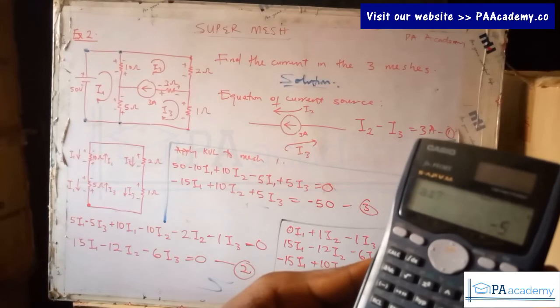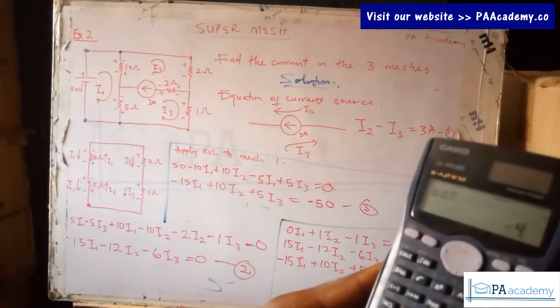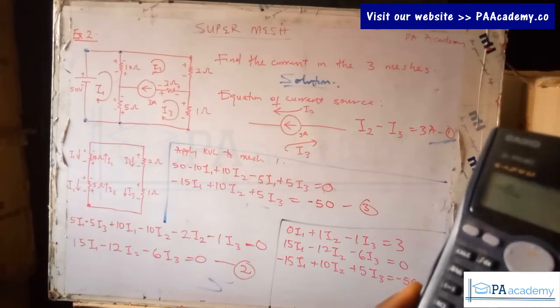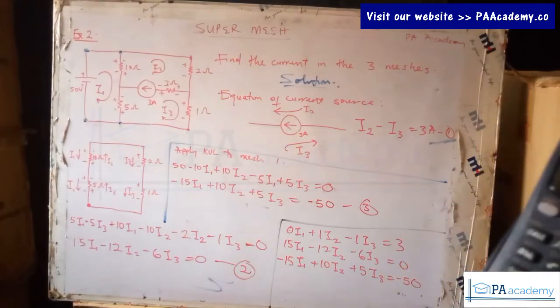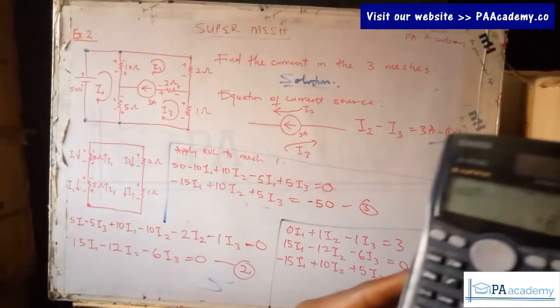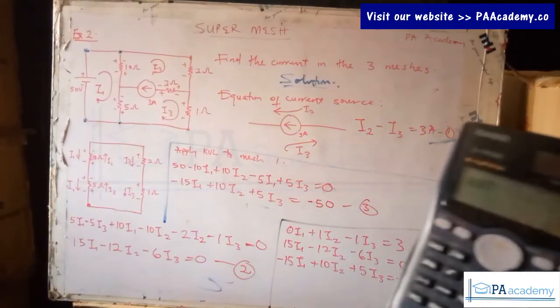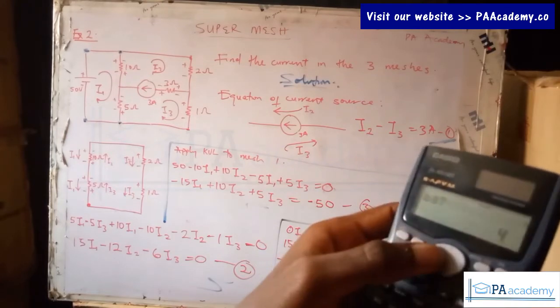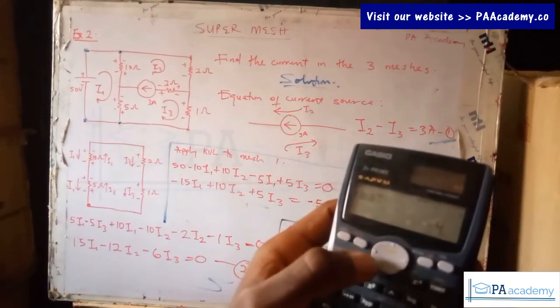The next one is 15, minus 12, equals, and then minus 6, equals. It asks for D2, which is 0. The next one is minus 15. Okay, sorry, I made a mistake there. I pressed 15, so I can just use the replay button.